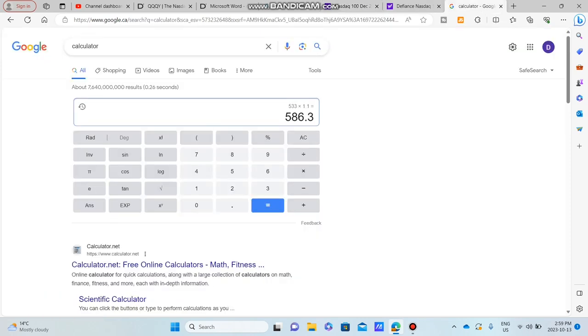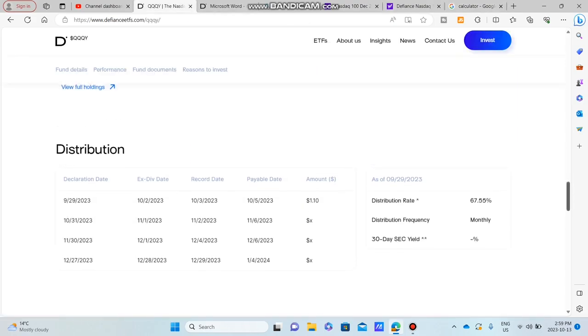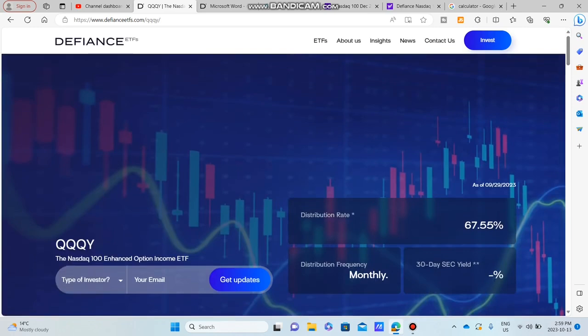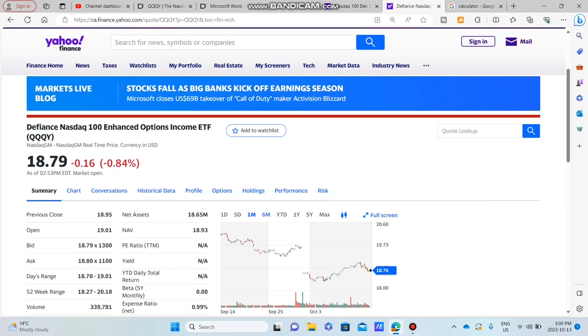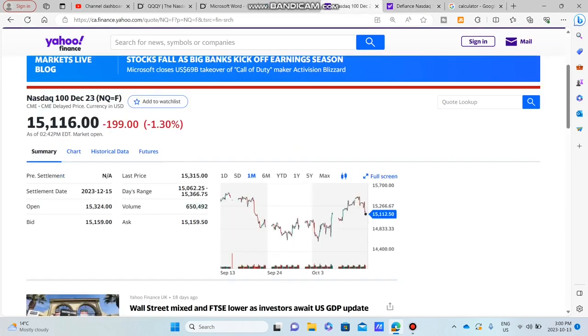So $586.30 is what you'll be receiving on a monthly basis if QQQY continues to pay this 67% dividend. Now, if we take this number and multiply it by 12, that's going to give us our yearly total of $7,035.60. Yeah, now we're in the thousands.